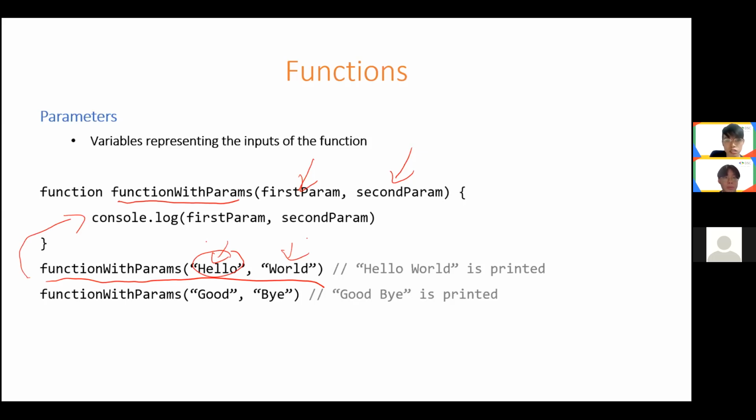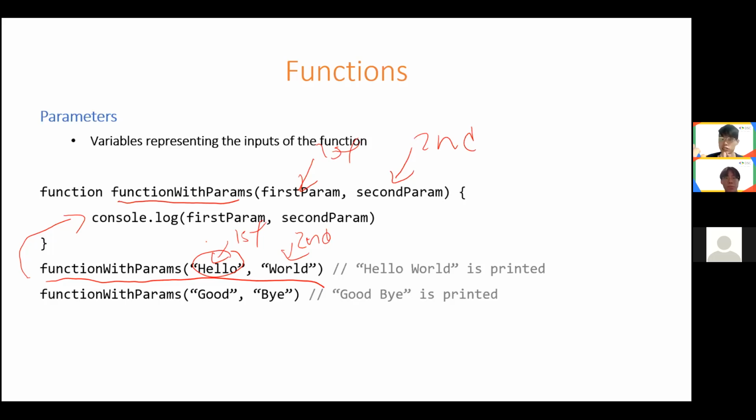And because world is the second input, second param will equal world. So when you console log first param and second param, you are console logging hello world out.